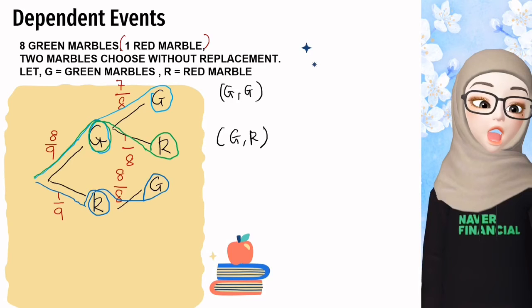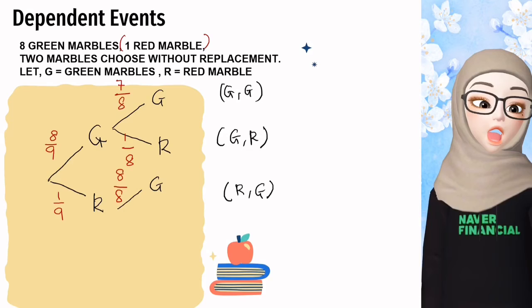So this is another possible outcome, R and G. So your possible outcomes are these 3: G and G, G and R, and R and G. So we have actually answered our first question, draw the tree diagram. So this is your tree diagram.